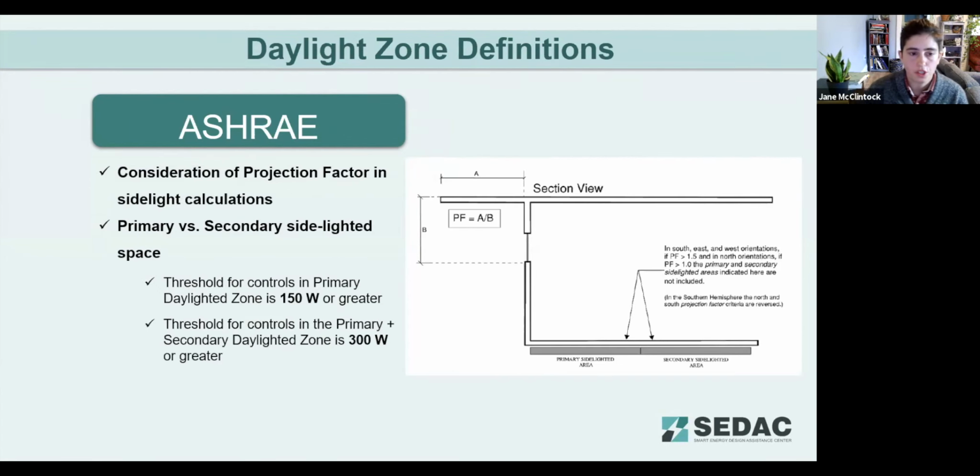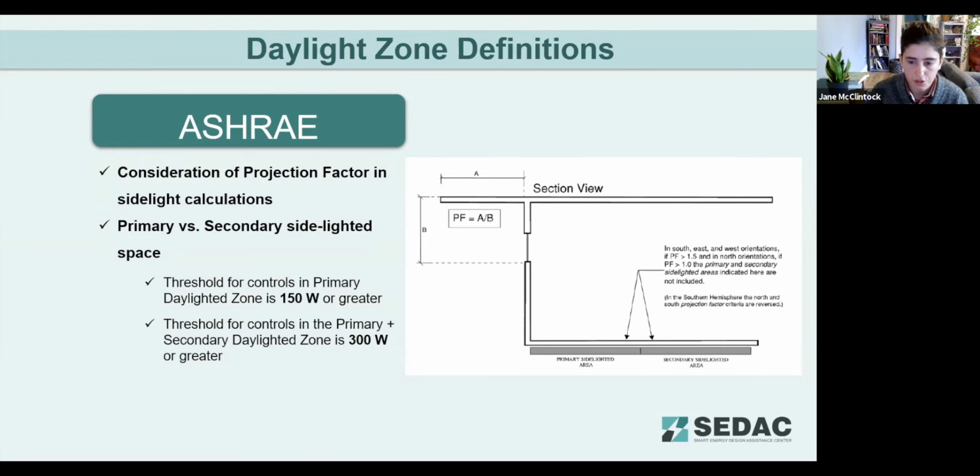And then another thing, which came into the 2019 ASHRAE and that we're actually expecting to see in the 2021 IECC, is that there's a secondary side lighted area. So if we meet the requirements for daylighting in this primary zone as defined in the picture, we also have possibly the requirement to control daylighting in a secondary side lit zone. And this is based on the requirement to meet a certain threshold of 150 watts in each area.